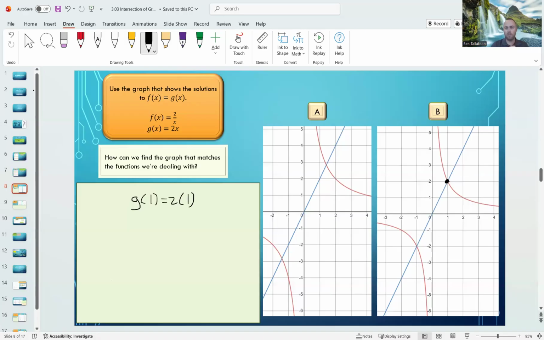And this point on this graph is 1, 2. If we get 2, which we should, because we proved A is not correct, we should get a point on our graph, and we do. So the answer is B. And after that point, we just need to point out our other solution, -1, -2.